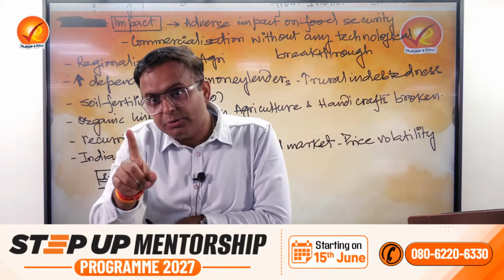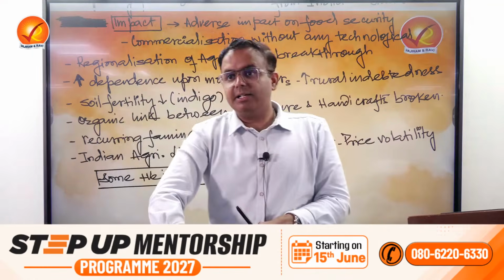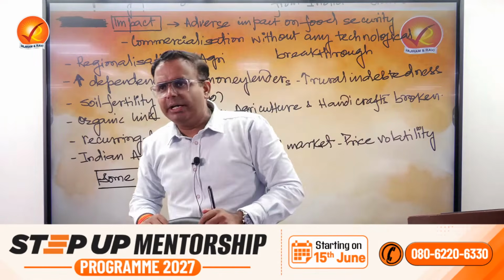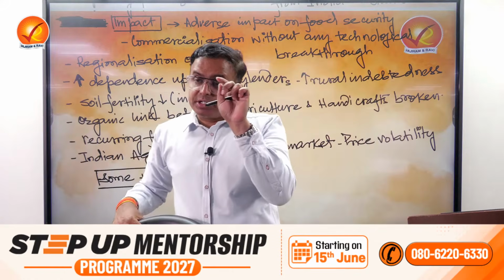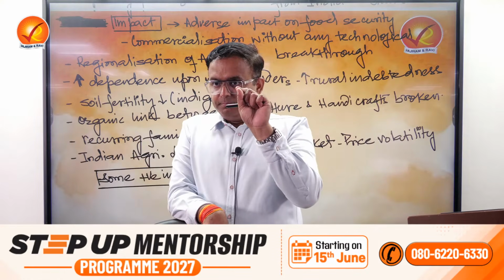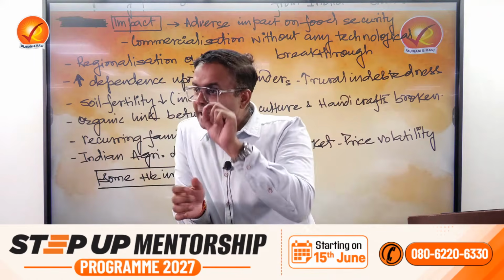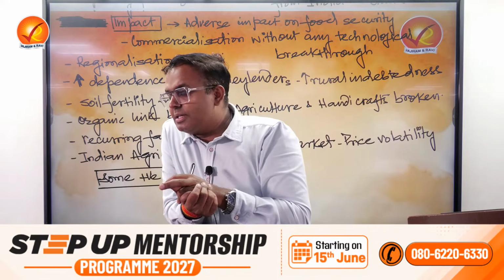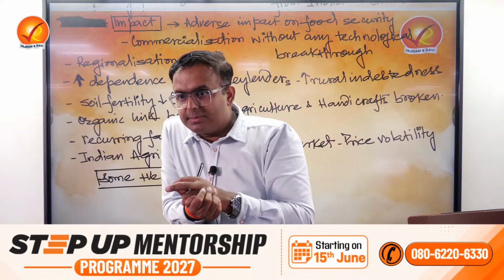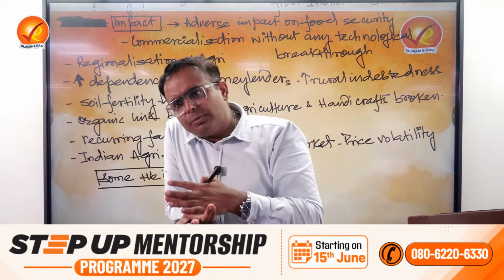आप समझ रहे हैं इस बात को? तो अच्छा आंसर कैसे लिखा जाएगा? You will not just write this point and move ahead. You will say that commercialization of agriculture did not contribute to famine directly. Why? Because 80% of the agricultural land at the time of independence consisted of food crops.